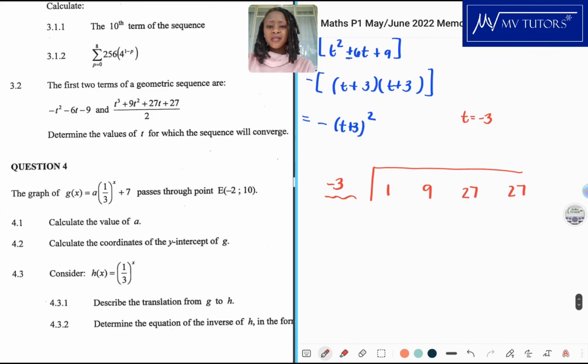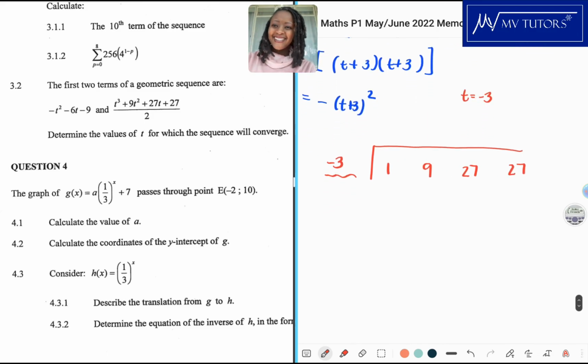So how do I use the synthetic formula? I drop down the first term, that's 1, and I say -3 times 1 is -3. Then I add the two terms. 9 plus -3 will be 6.